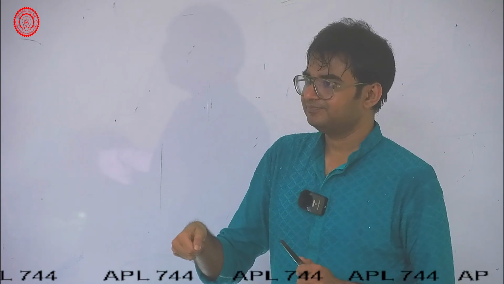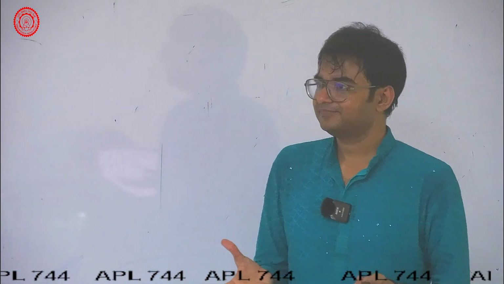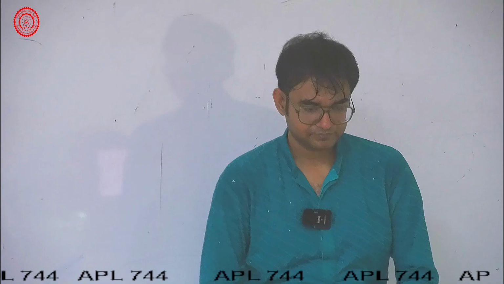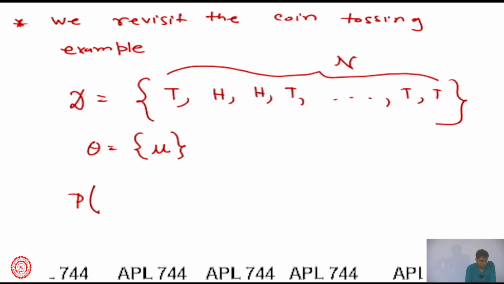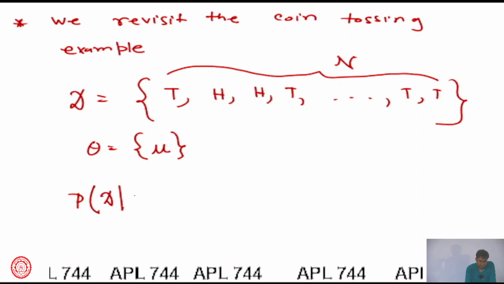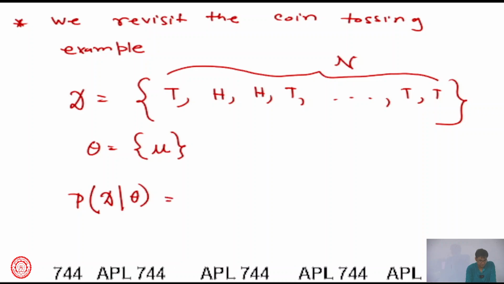So theta is my mu. What is the likelihood now? Probability of data given mu, data given theta, that is the likelihood that I need to compute.